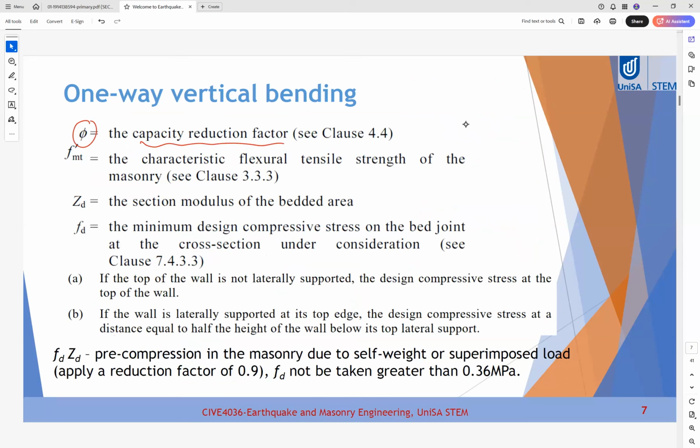Here in this standard, phi can be obtained from clause 4.4. For f'mt, it is the characteristic flexure tensile strength of the masonry, which can come from clause 3.3.3, which we discussed earlier. Zd is the section modulus of the bedded area.